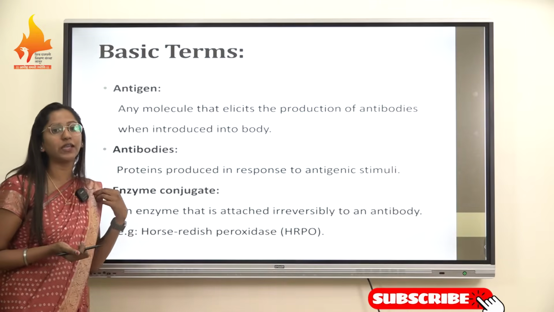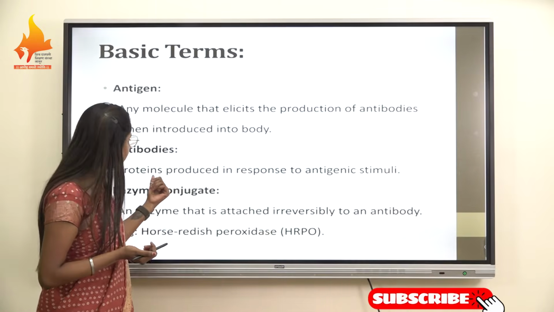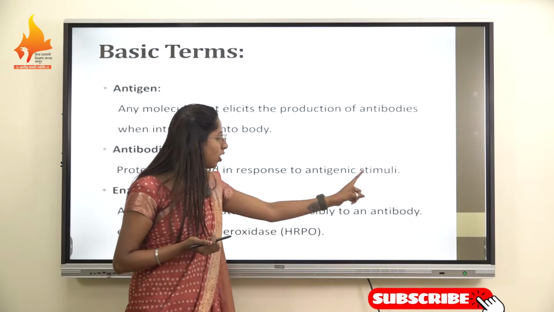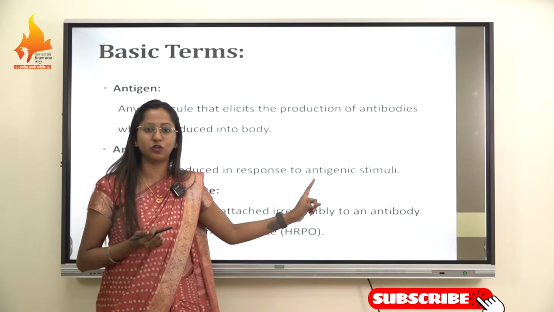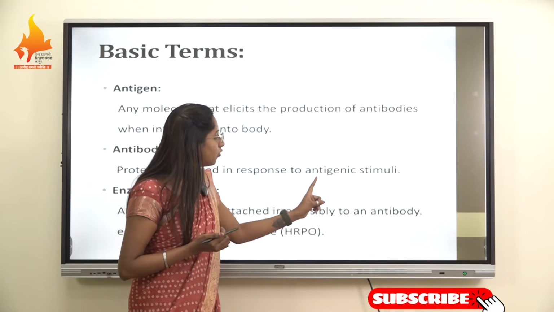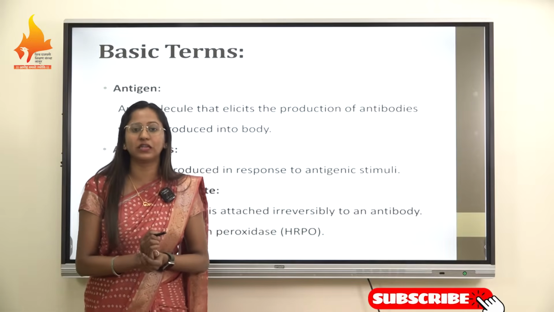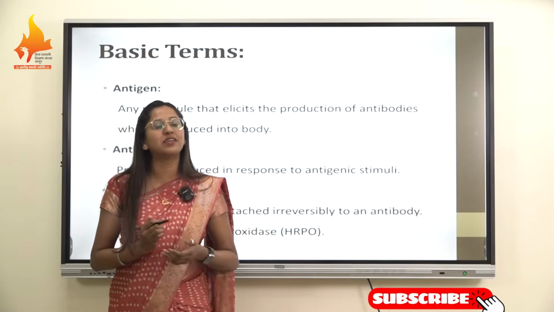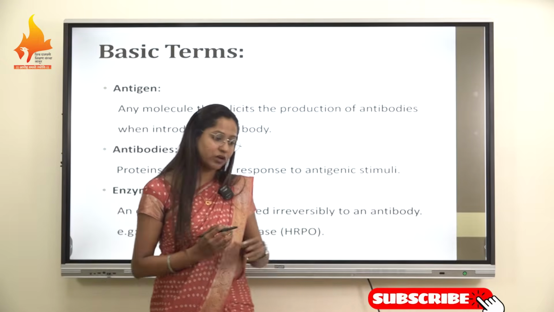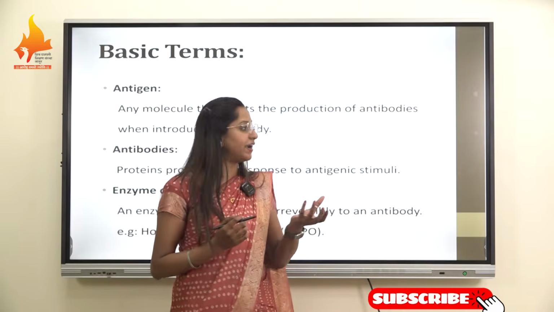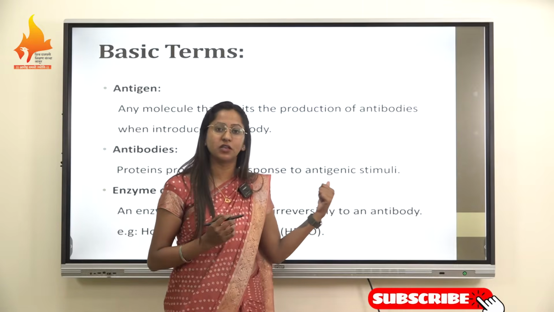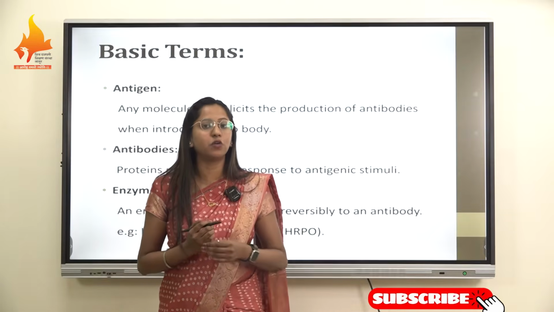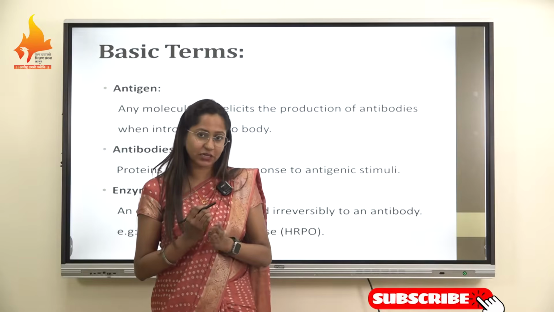Antibodies are protein molecules which are produced in response to antigenic stimuli. Antigenic stimuli means what? When an antigen enters inside our body, it produces some signals, and those signals are detected by antibodies present inside our bodies. Not exactly antibodies, there are some cells which identify the external material's signals, and those cells have the ability to produce different types of antibodies, or a specific type of antibody.